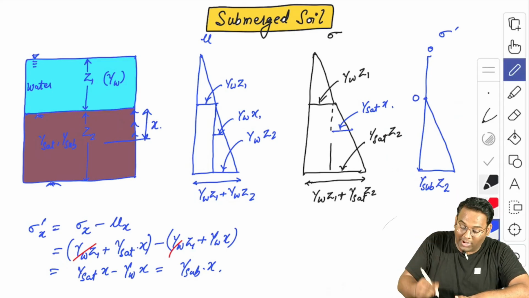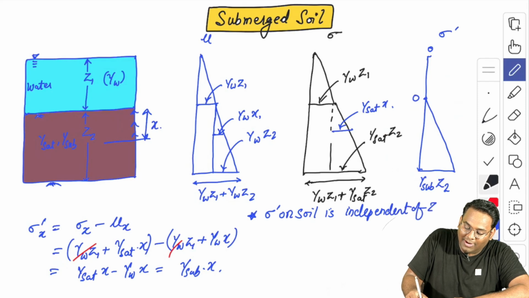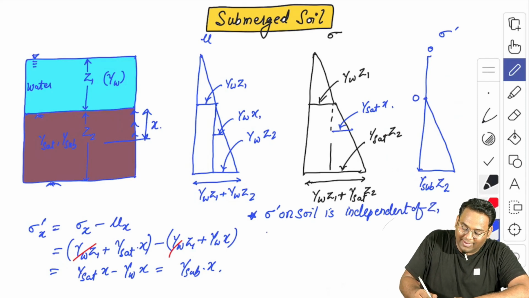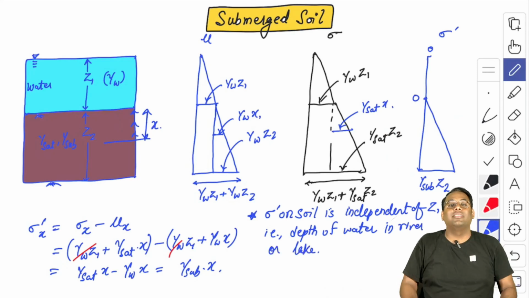That is an important point: the effective stress on soil is independent of Z1, the depth of water in a river or a lake, because these are water bodies.